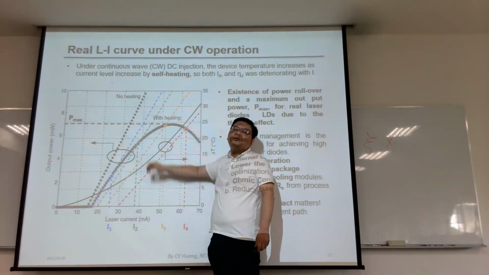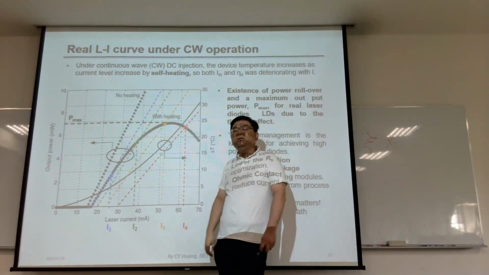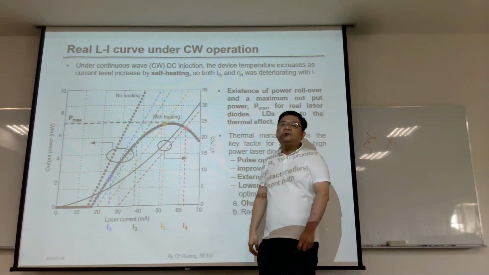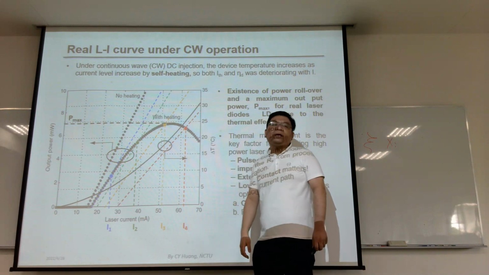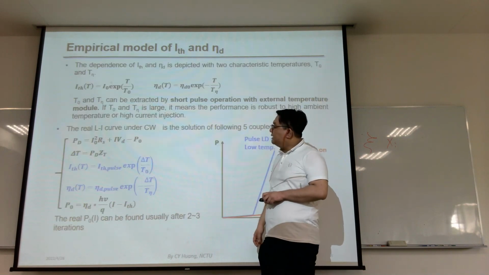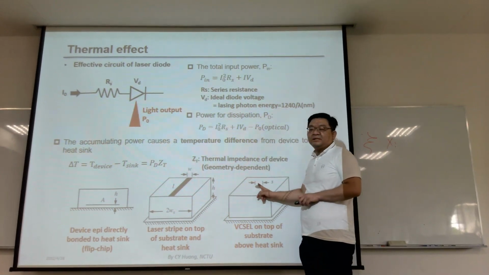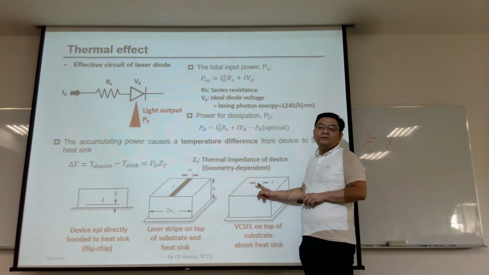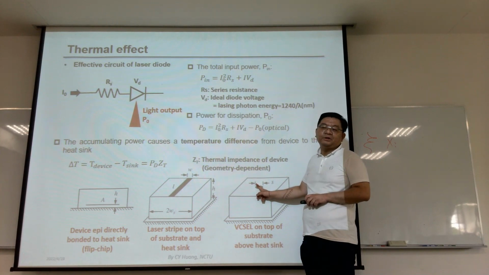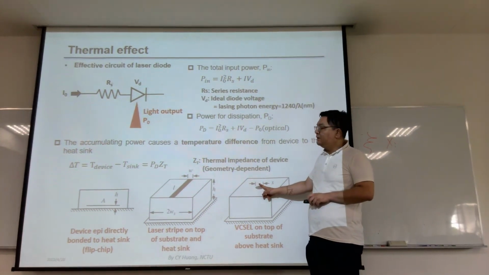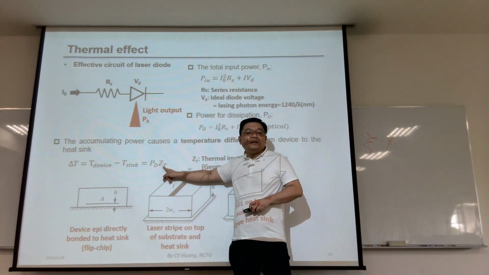Alright. So this thermal rollover is usually serious for VCSEL because the package, the power, the area of the gain source is small. So the power density for dissipation is high and the zeta T is high.